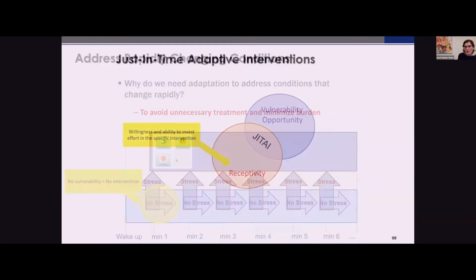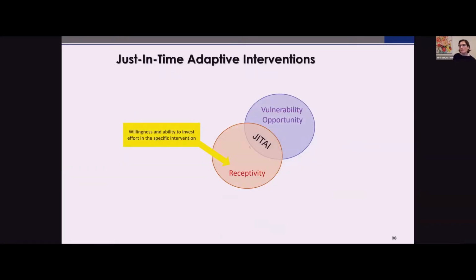And we also need adaptation in order to deliver an intervention, not only when vulnerability happens or when there's an opportunity for positive changes, but also only when the person is receptive to the kind of intervention that we want to deliver. And by receptivity, I mean that the person is willing and able to invest effort in the intervention that you deliver, right?